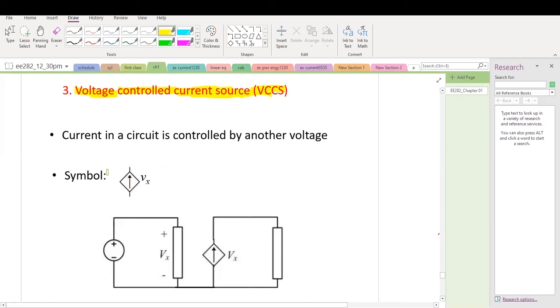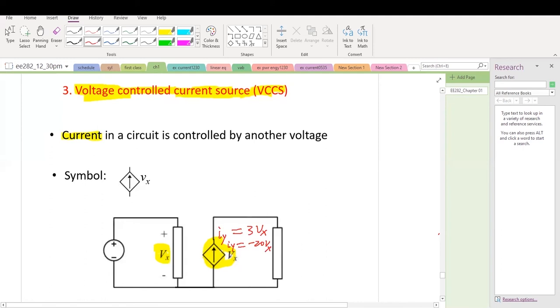And then as far as the controlling parameters, it can be voltage and it can be current, right? Here we talk about a voltage controlled current source. So this is a current source, controlled by this voltage here. I call this current Iy. So Iy can be equal to 3Vx, or Iy equals minus 20Vx.